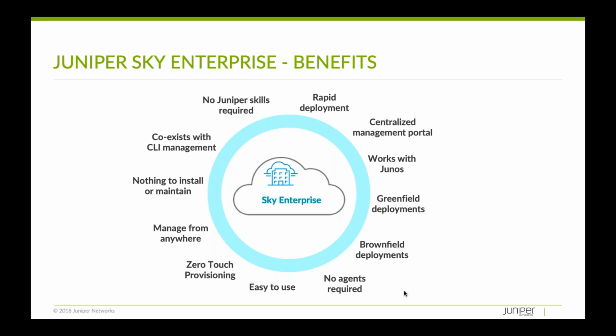And importantly, Sky Enterprise works in parallel with CLI management. So if you want to use the CLI, if you want to access all those advanced features that are available in Junos, or if you're familiar and comfortable with CLI, you can do that as well as using Sky Enterprise in that environment.